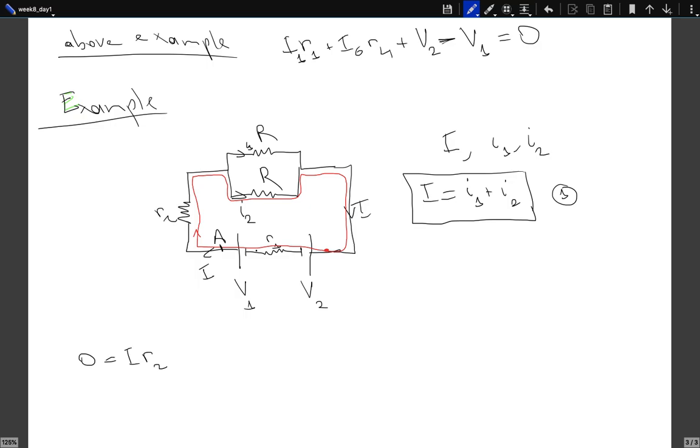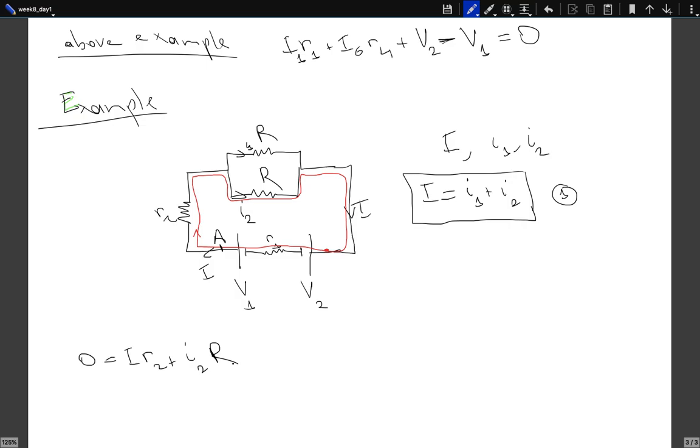Then I continue around my red loop. Well, no resistors over here. So here there is another resistor. What is the potential drop across the resistor? I2 times R. Then I continue along my loop.